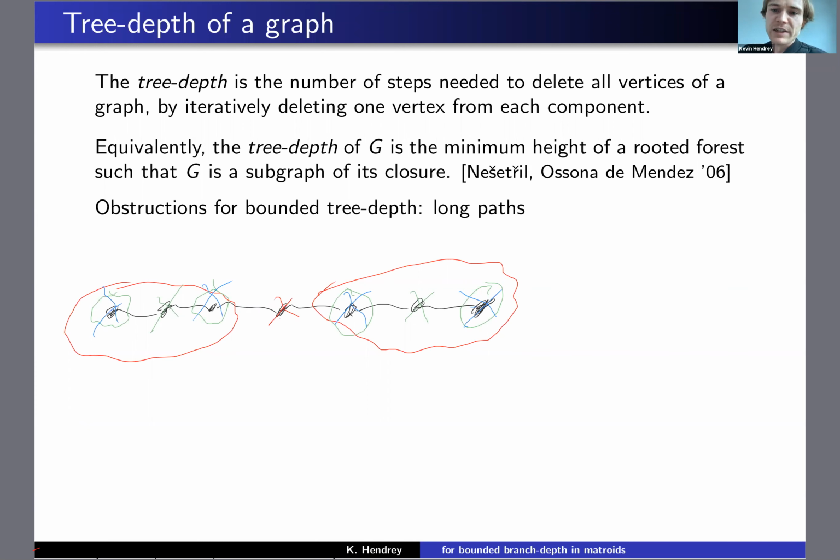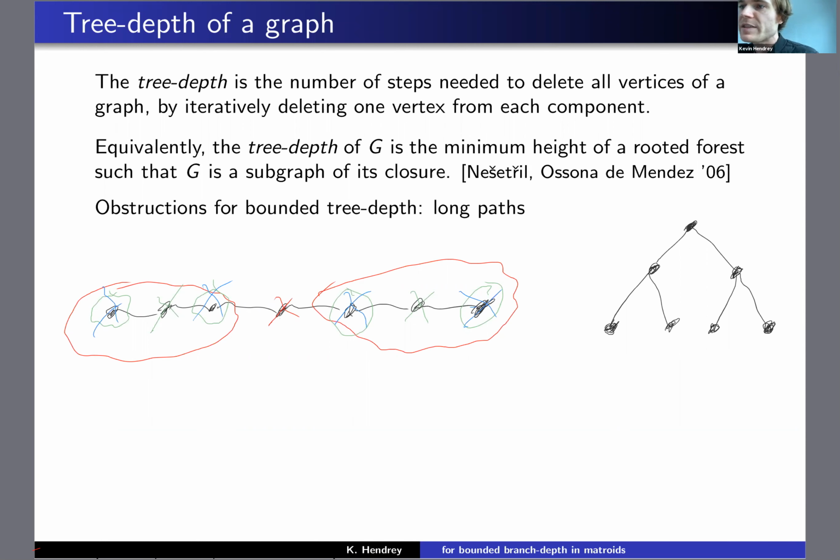So what's the equivalent definition? The closure of a tree. If you take a rooted tree, I have the root at the top, and let's say this is a tree of height 3. The closure of this tree means that we add an edge between every vertex and all of its ancestors.